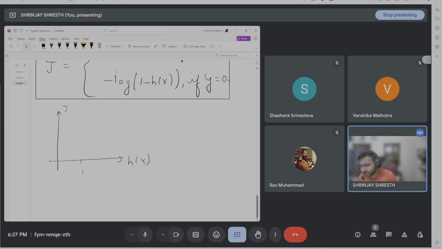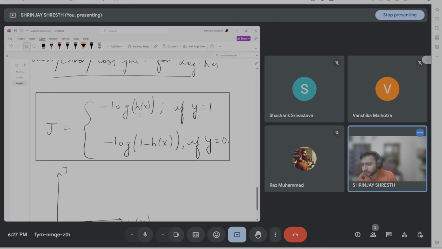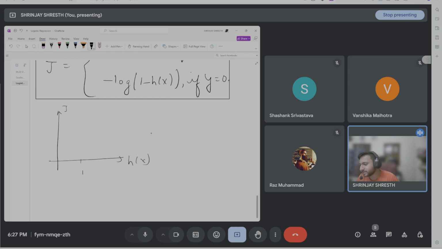For the first case, your line would be something like this, and for the second type, when your y is 0, it would be something like this.